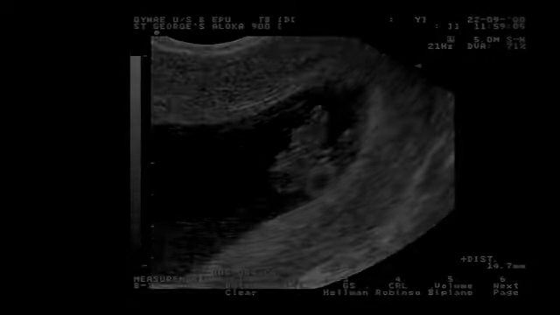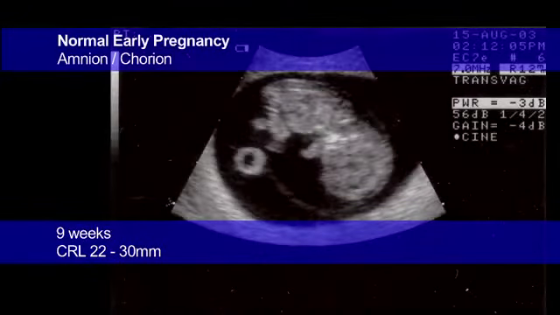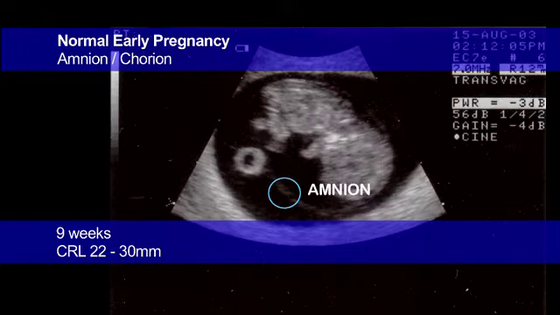By 9 weeks, more features of the early pregnancy can be discriminated. By this stage, we have a more fully formed embryo with clearly defined poles of head and rump. We can see membranes, the innermost amniotic membrane, the outermost chorionic membrane.